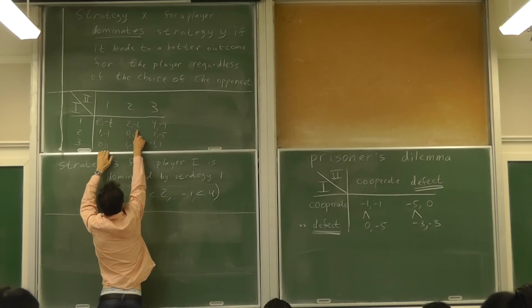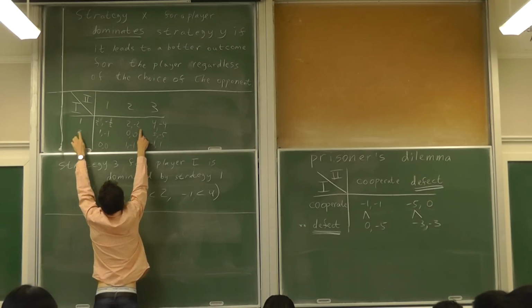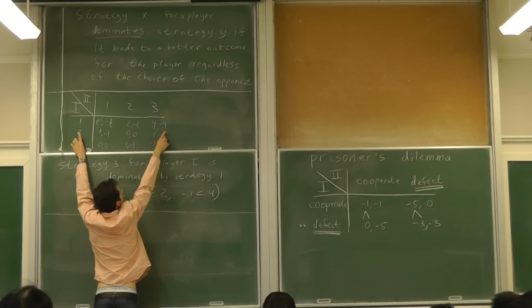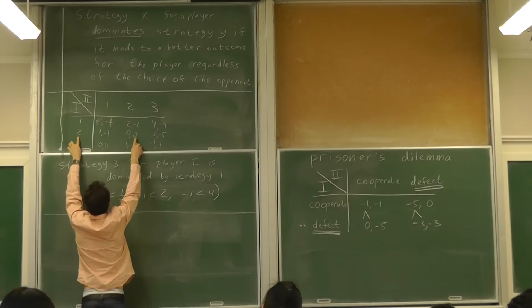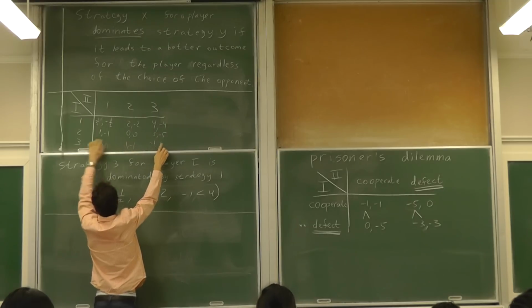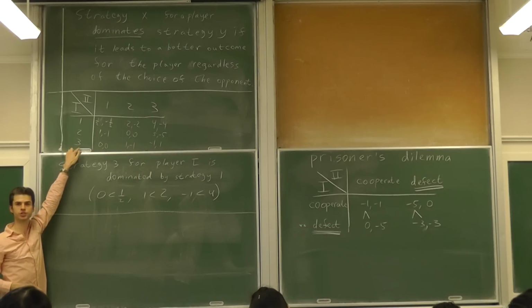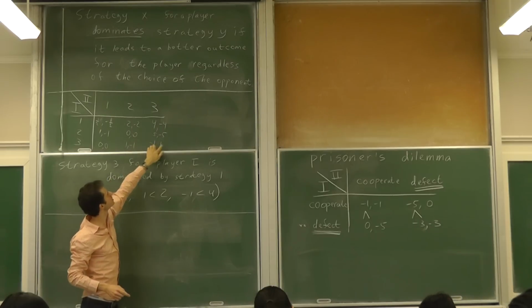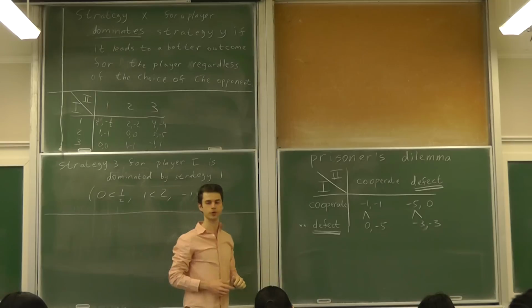Well, he will be better off choosing 2 if the first player chose 1. He will be better off choosing 2 if the first player chooses 2. But he will be worse off if the first player chooses strategy 3. Because he will lose 1 point in this case and gain 1 point over there.